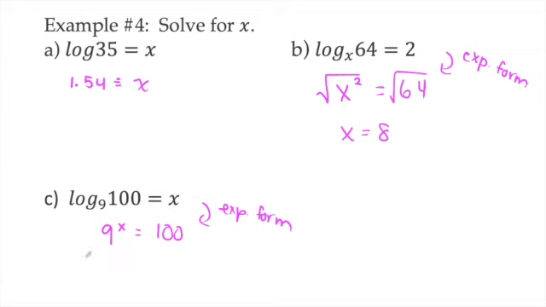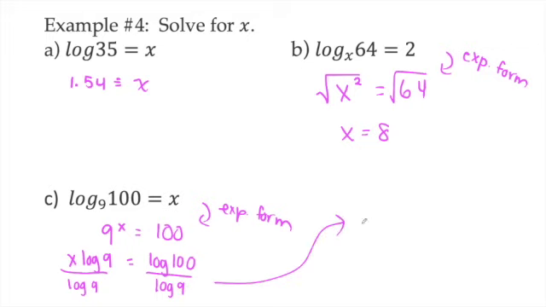So all you're going to do is write x log of 9, and then the x comes out front, okay? And then take the log of 100. So you've taken the log of both sides. Then you're going to divide by the log of 9 on both sides because you want that x by itself. So then these cancel out.